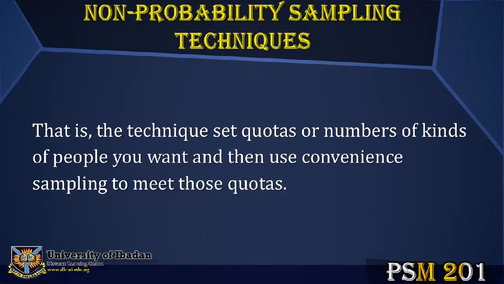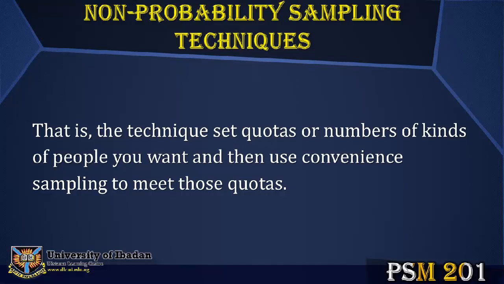The population is first segmented into mutually exclusive subgroups, as in stratified sampling. Thereafter, judgment is used to select subjects or units from each segment based on a specified proportion.